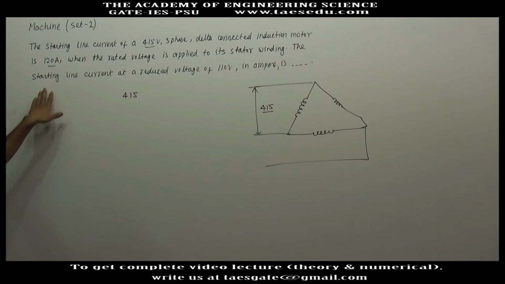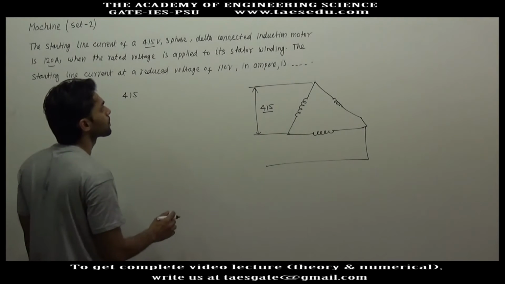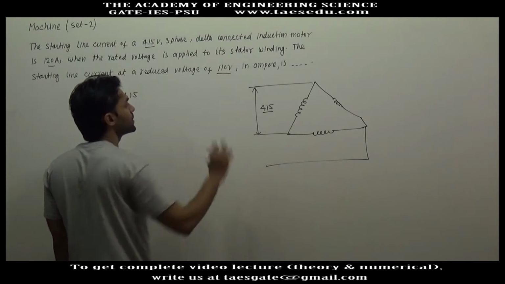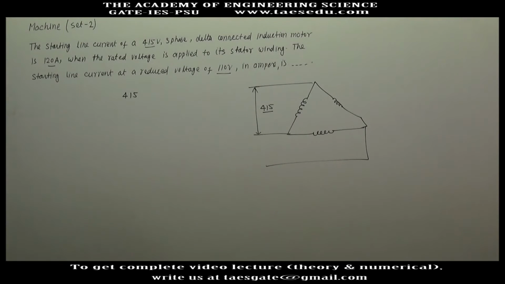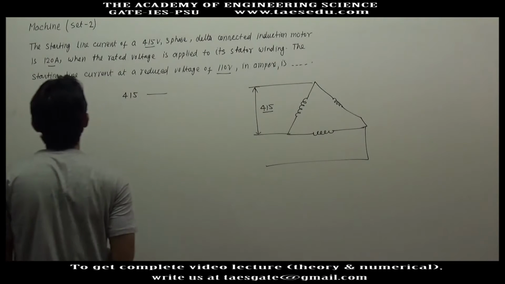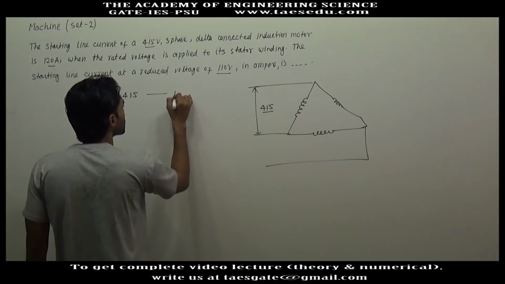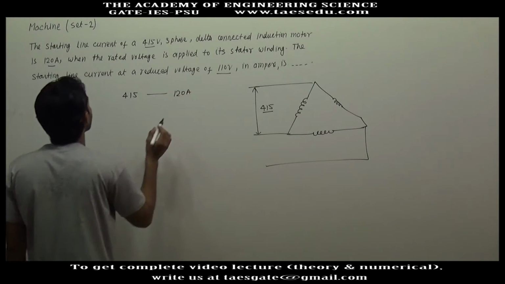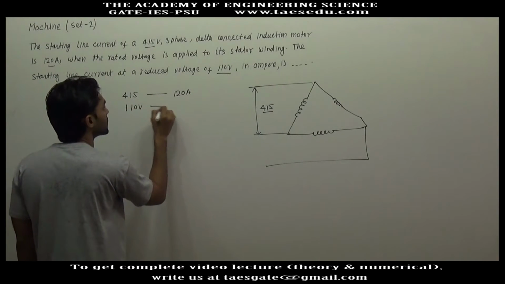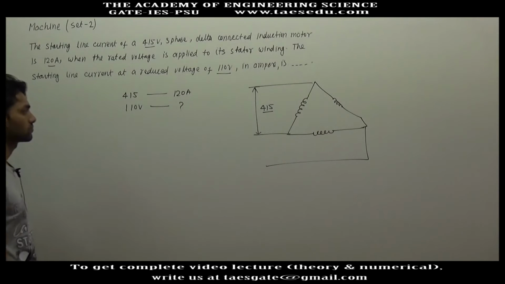Now we have to find out the starting line current when a reduced voltage of 110 volt is applied. At 415 volt, the starting current is 120 ampere, and we have to find out the starting current at 110 volt.